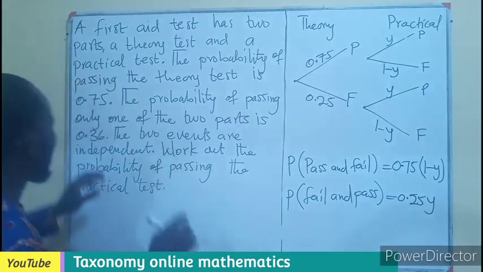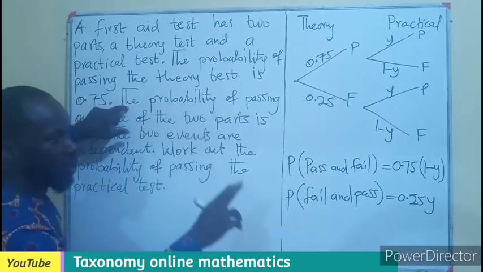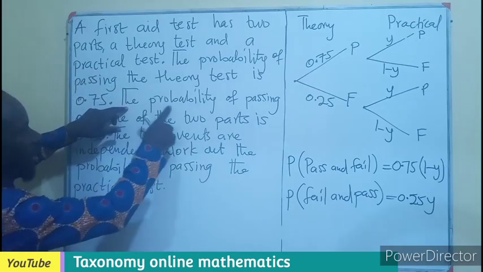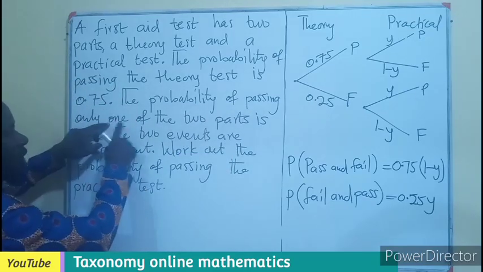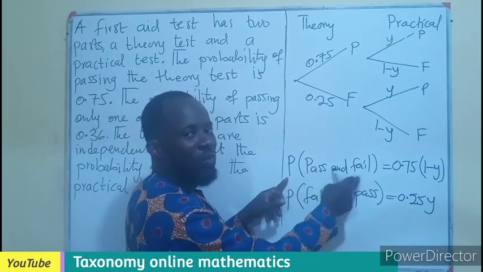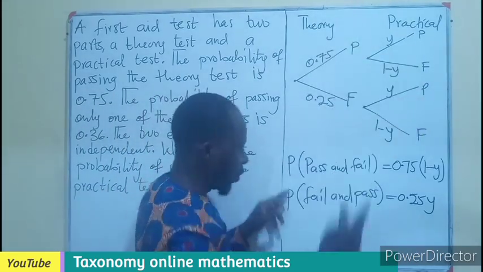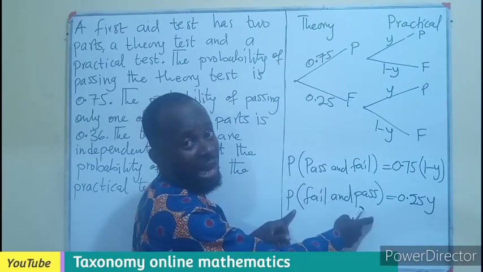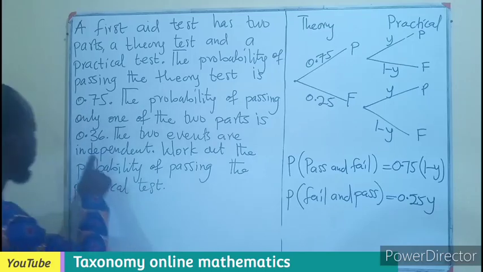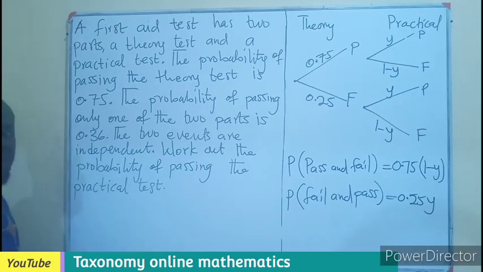Don't forget, this statement is making use of and, or, which means the probability of passing only one of the two parts could be the probability of passing and failing, or the probability of failing and passing, and or simply means addition. So if we add these two, that is what we were told gives us 0.36.